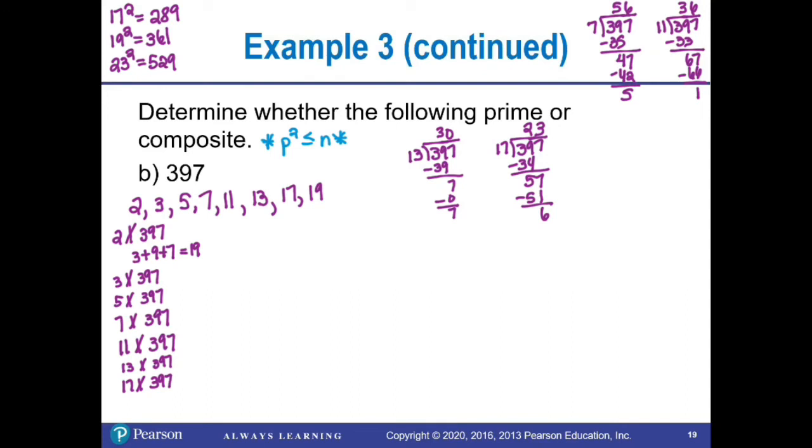One more number to check. Divide 19 into 397. And notice again that there's a remainder, and so 19 does not divide 397. None of these prime numbers whose squares were less than or equal to 397 divide our number. So that tells me that 397 is prime.